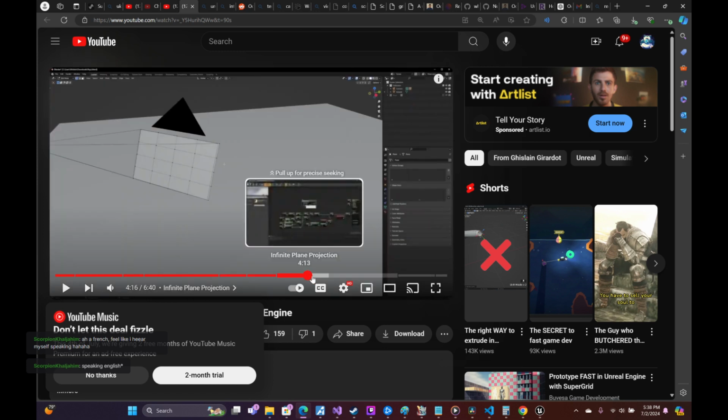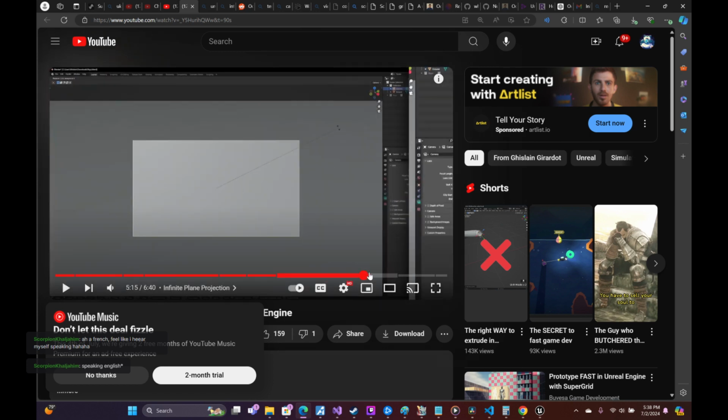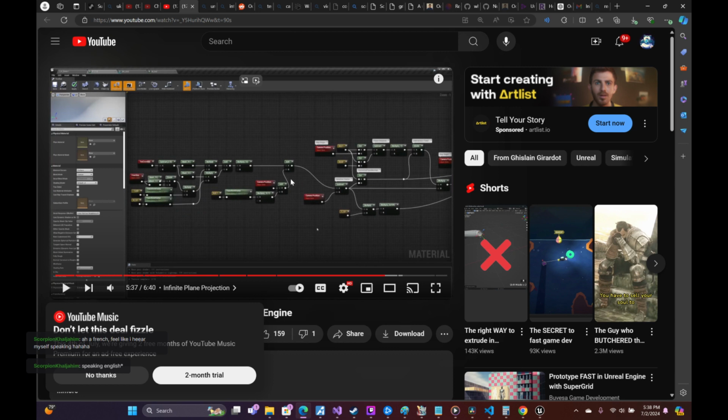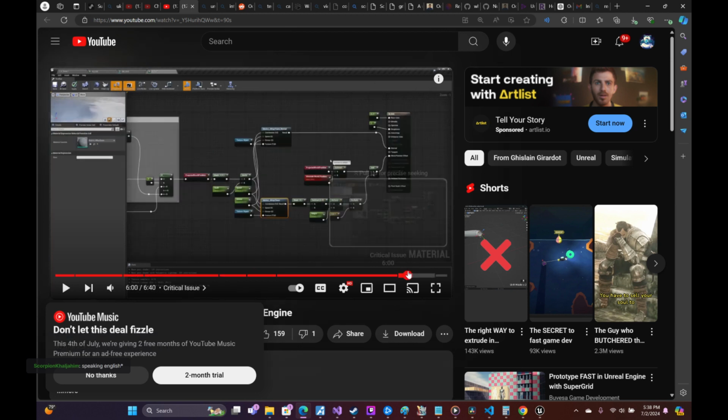He does the infinite plane projection here, and he does it with a virtual plane, and I forget where it was. But either way, the idea is you end up with a projected world position.